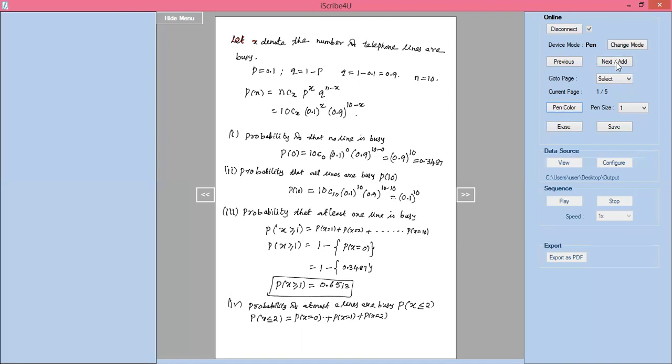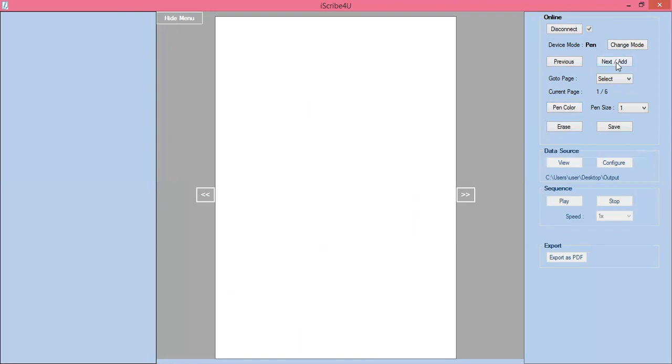Now if you simplify this, probability of x less than or equal to 2 is 10C0 into 0.1 whole power 0 into 0.9 whole power 10 minus 0 plus 10C1 into 0.1 whole power 1 into 0.9 whole power 9 plus 10C2 into 0.1 whole square into 0.9 whole power 8.